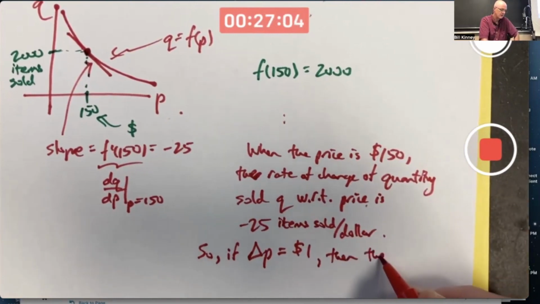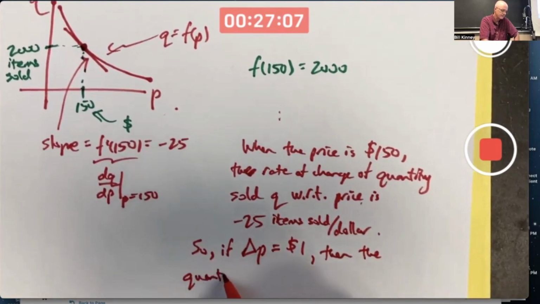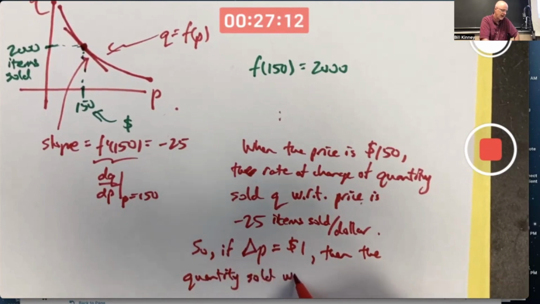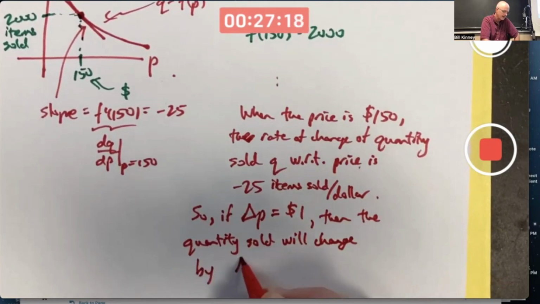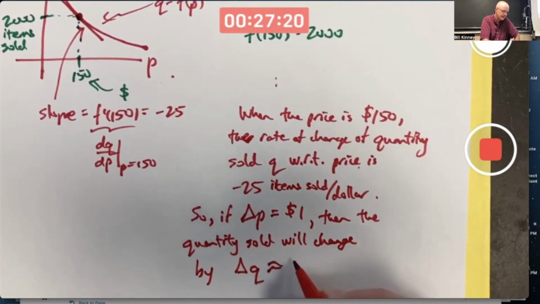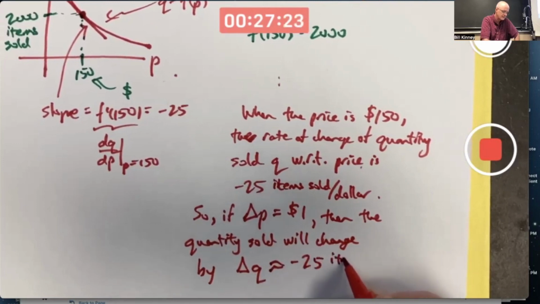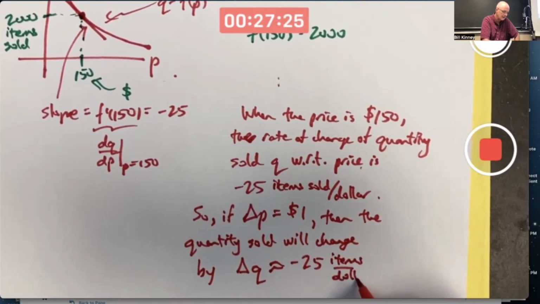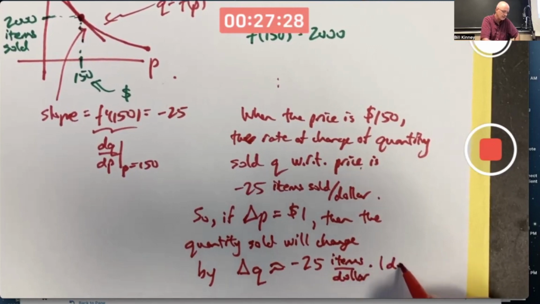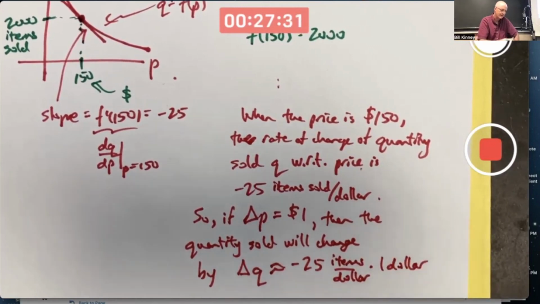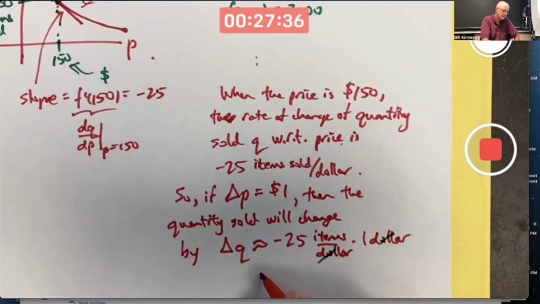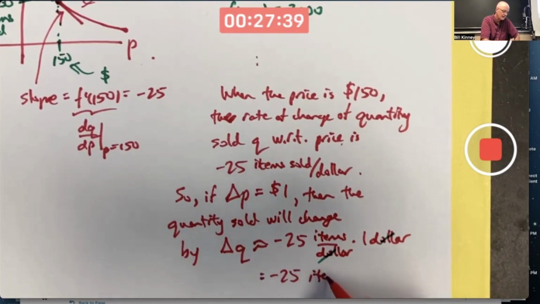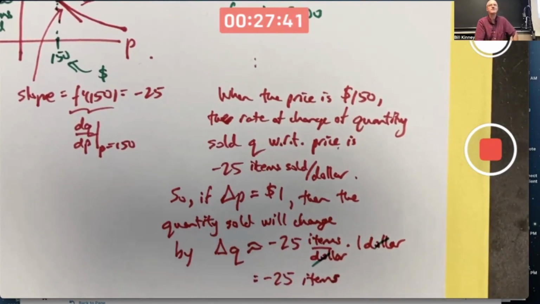Then the quantity sold will change by delta Q, which is approximately negative 25 items per dollar times $1. The dollars cancel. This becomes negative 25 items. Bikes, if the items are bikes.